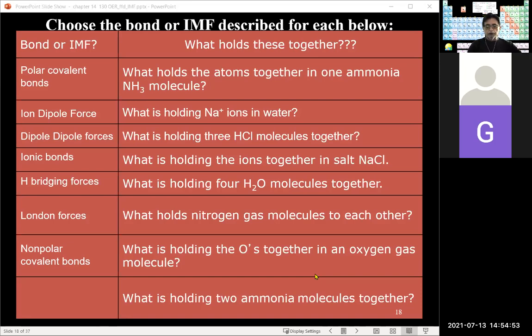Ammonia is NH3, so it is hydrogen bonded to nitrogen, which is the hydrogen bridging force. So by reading the question, and using a process of elimination, what it's not, you're going to be eventually left with what it is. You might end up with 2 choices, and then remember the difference between dipole-dipole and hydrogen bridging.